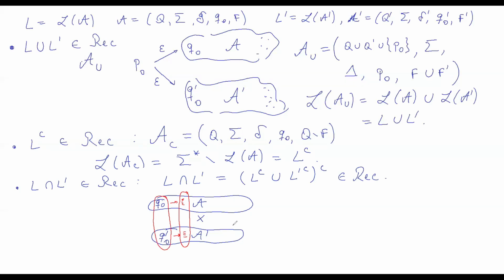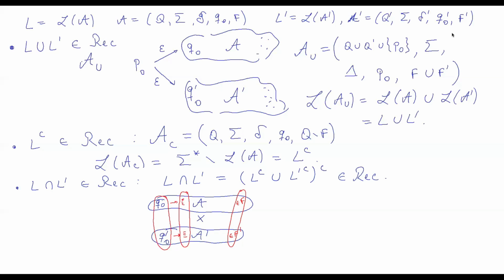And we are going to accept if both of these computations end up in some states, this one belongs to F and this one belongs to F prime. So only then we will accept the input word.